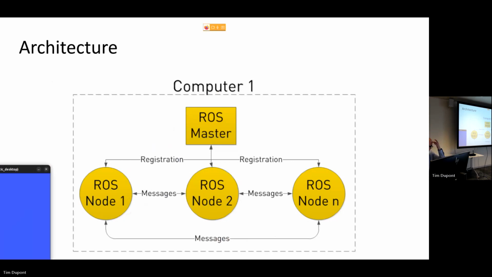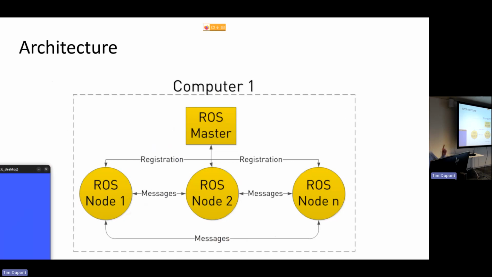Or if you have a large warehouse with a lot of AMRs, then of course you run it on a stable server, and just a single node or a few nodes on the robots will register with the server.